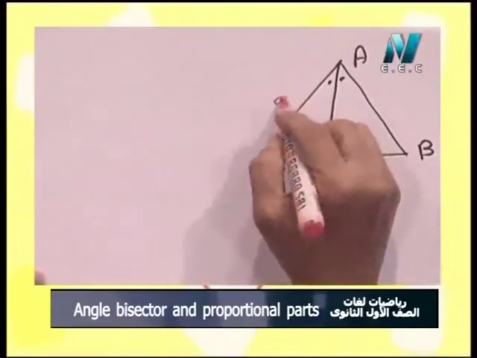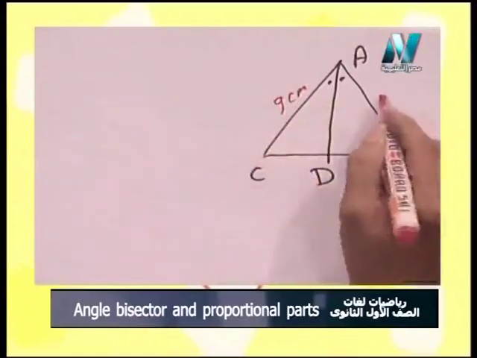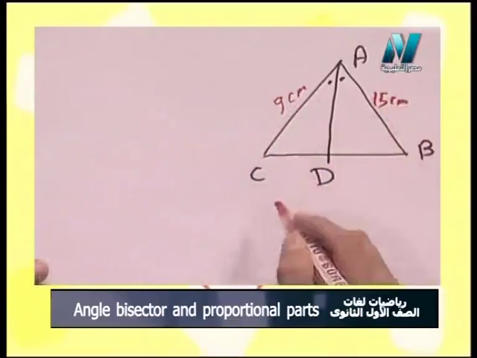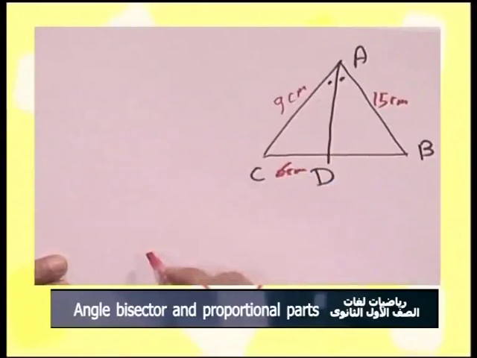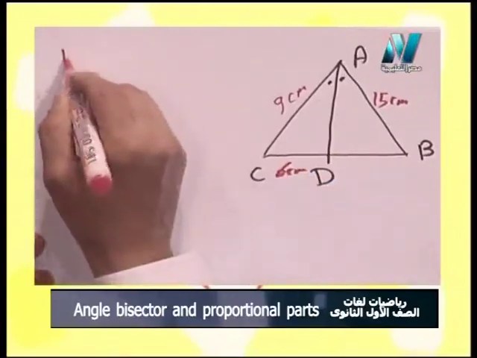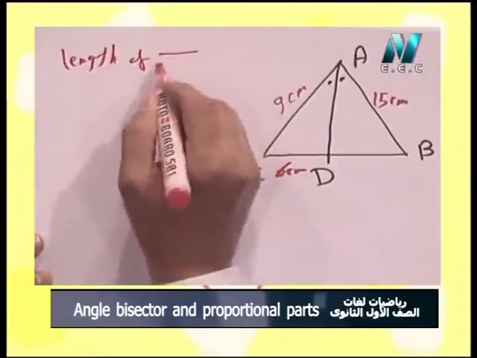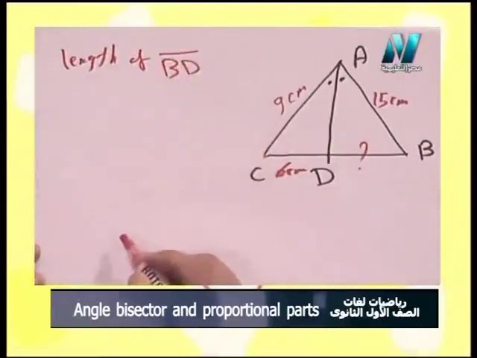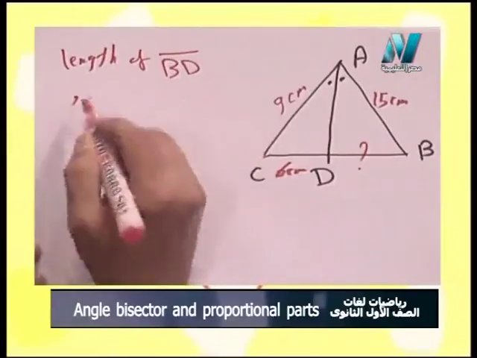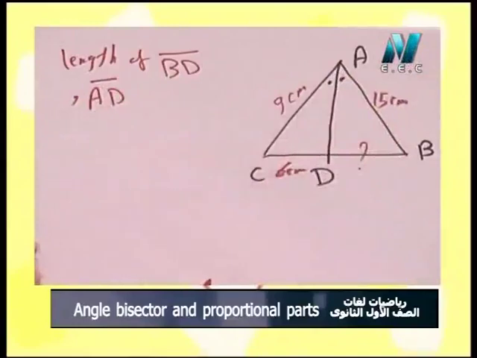AC equals 9 centimeters, AB equals 15 centimeters, like that, and CD equals 6 centimeters. And the request is the length of line segment BD, this one, and also the length of line segment AD, which is the bisector here.